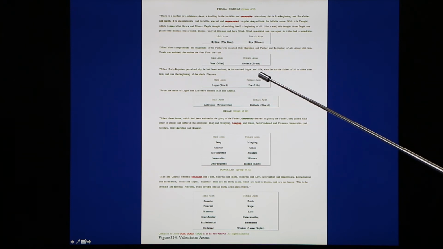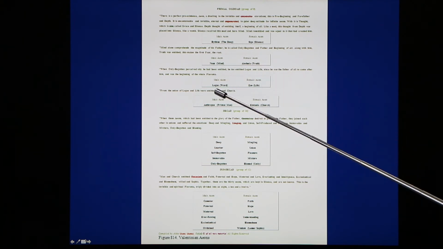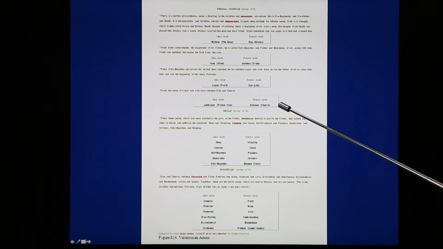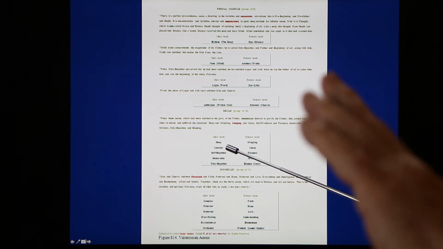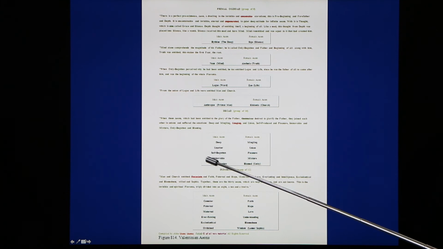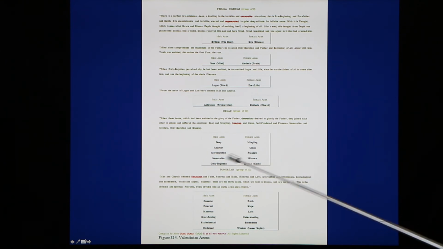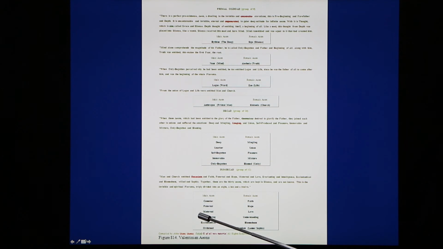That goes to the nous, and so the mind and truth, the word and life, primal man and the church, leading then to the deep and mingling, and union, the self-begotten and pleasure, the immovable and mixture, the daily, the only begotten and the blessed, and then the consoler and faith, the paternal and hope, the maternal and love, the ever-flowing and understanding, the ecclesiastical and blessedness, the ordained and wisdom.